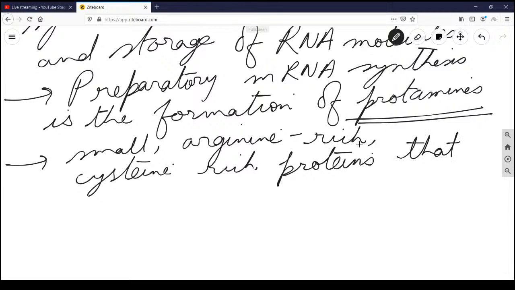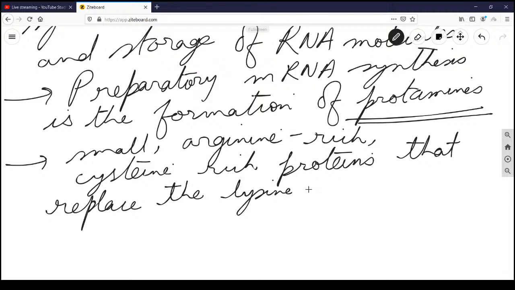We have already learnt about histones in the molecular basis of inheritance chapter. So they replace the lysine and arginine rich, especially lysine rich, nuclear histones. Now, why will the histones be removed?